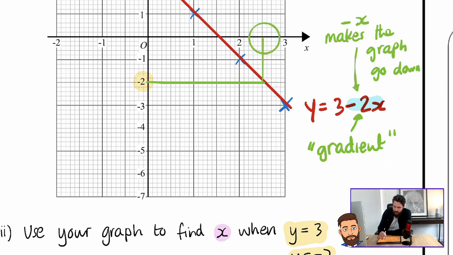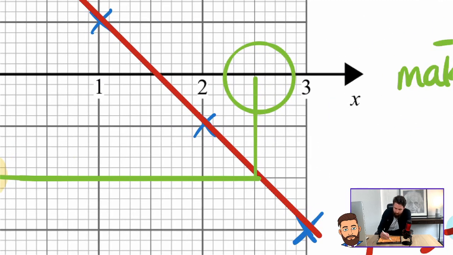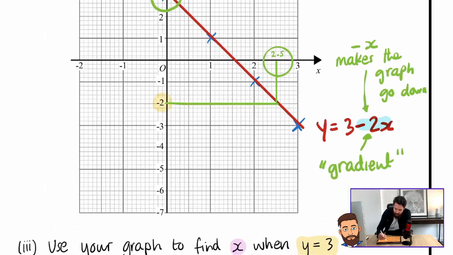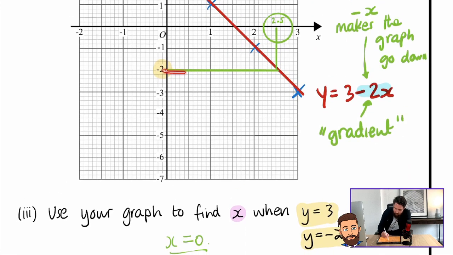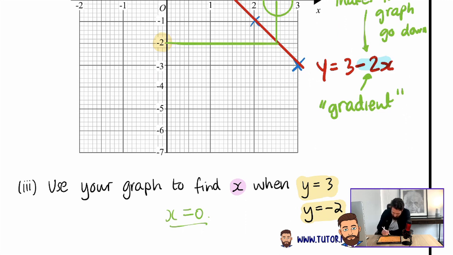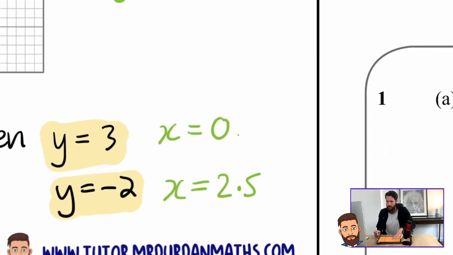So where is it meeting there? That is the point 2.5. So when y is -2, x = 2.5, and when y was 3, x was 0. You can't quite see that, but that's what I've written there.